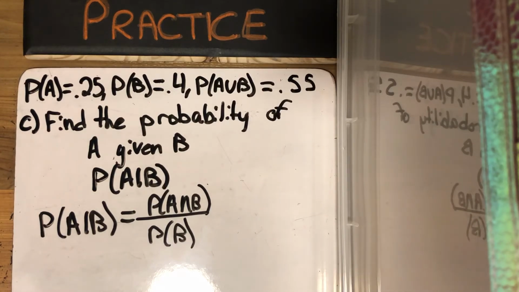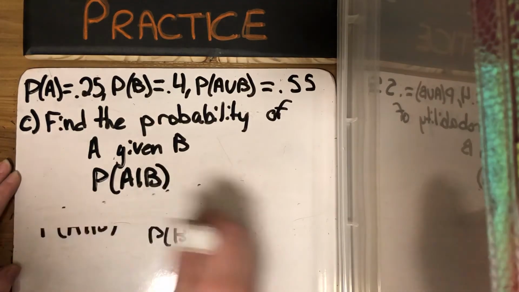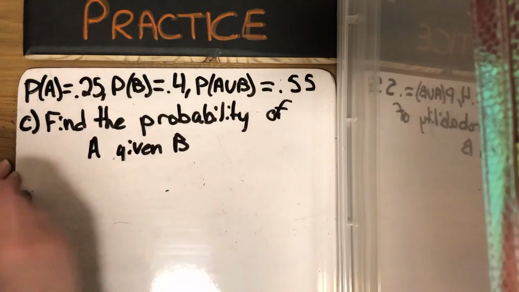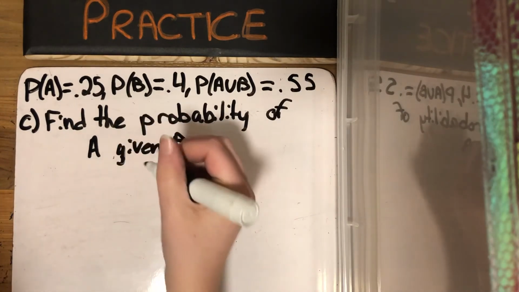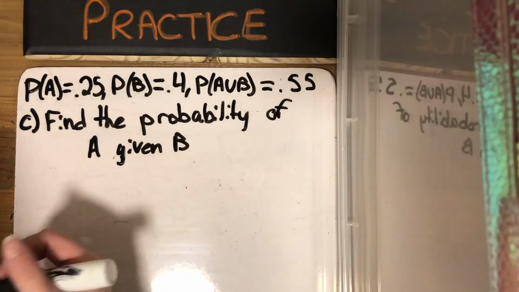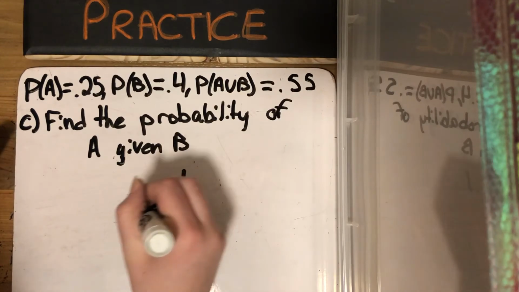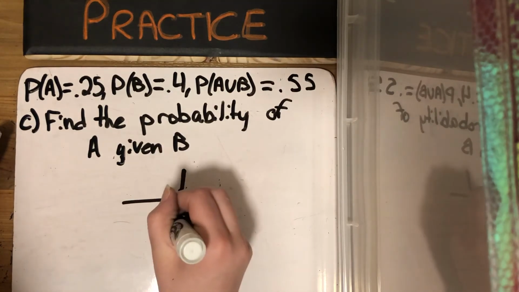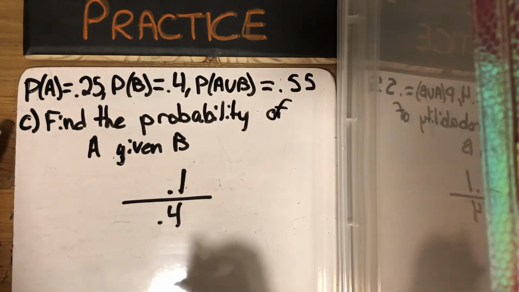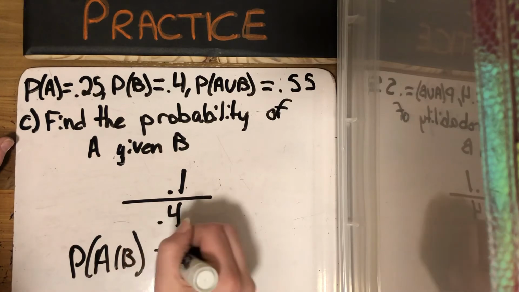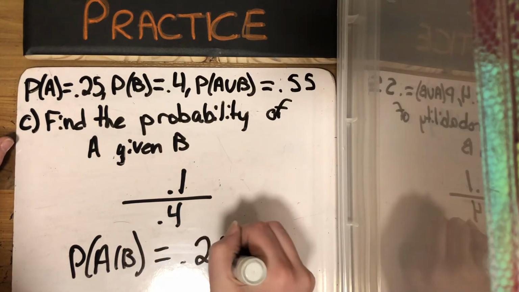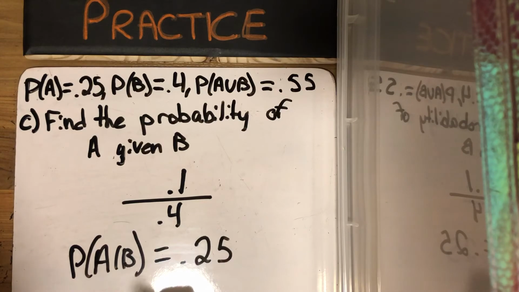As long as we know the equation, I'm going to erase it so I have some room to solve it. Using that equation, you just plug in numbers, which I'm sure you did. The intersection of A and B we know was 0.1, and the probability of B is 0.4, and 0.1 over 0.4 gives us 0.25. So the probability of A given B is 0.25. That is the answer for part C.